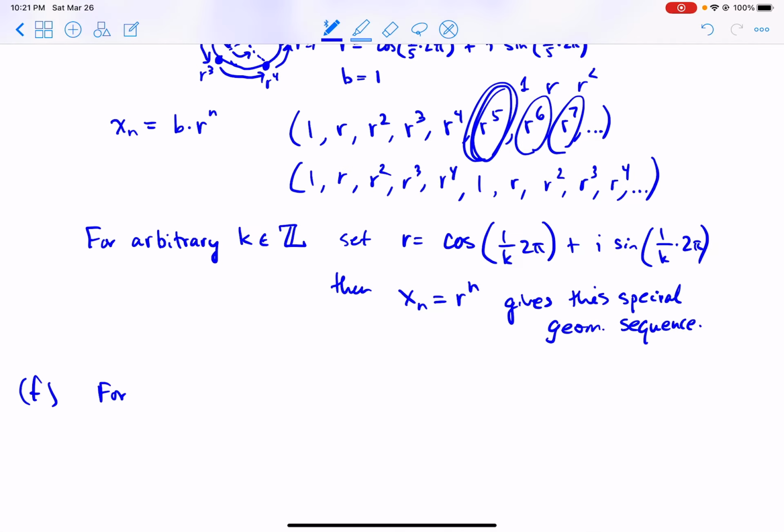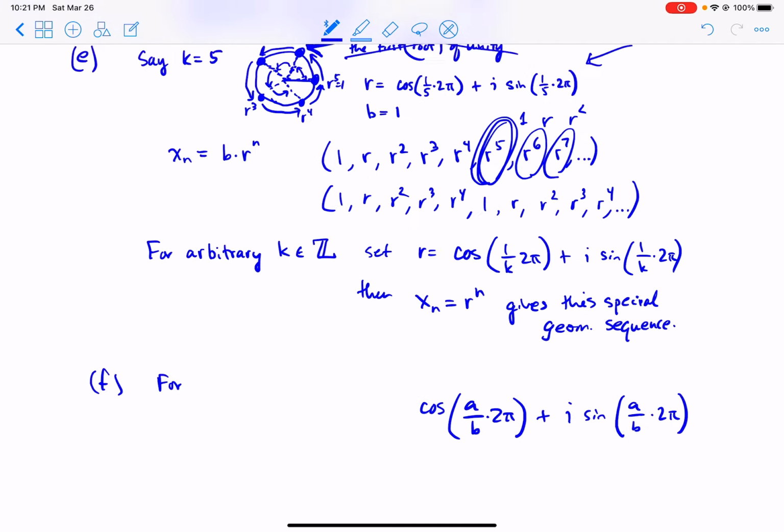Basically, the fact that this cosine of some angle gave the same thing again, and this sine gave the same thing again, is because we took a fraction of 2 pi. If you think about it, if we took even cosine of a over b times 2 pi, plus i sine of a over b times 2 pi, that will eventually repeat.